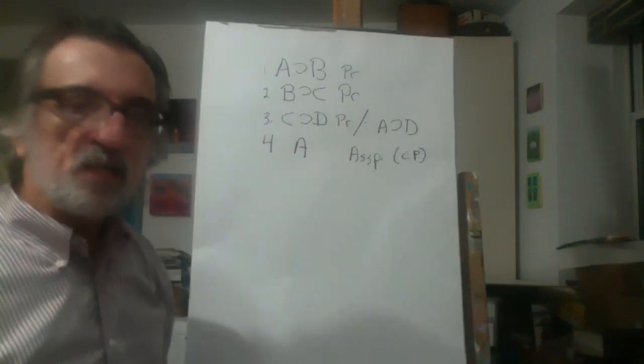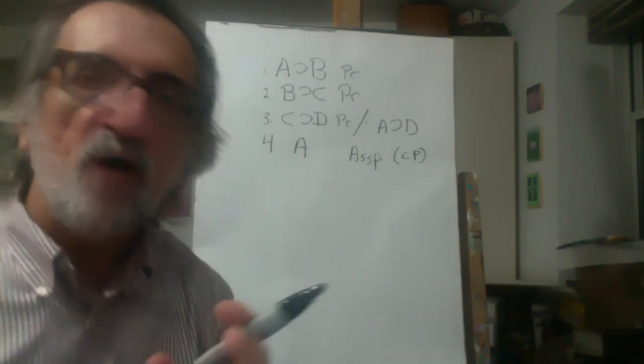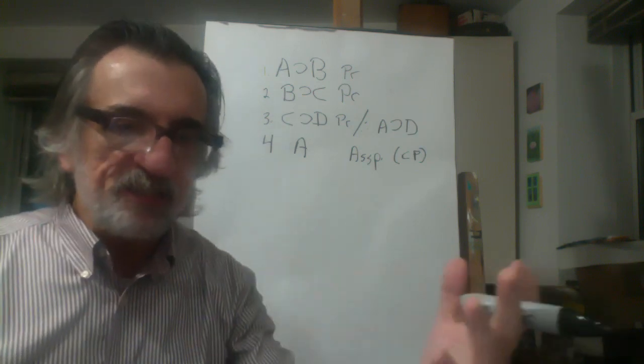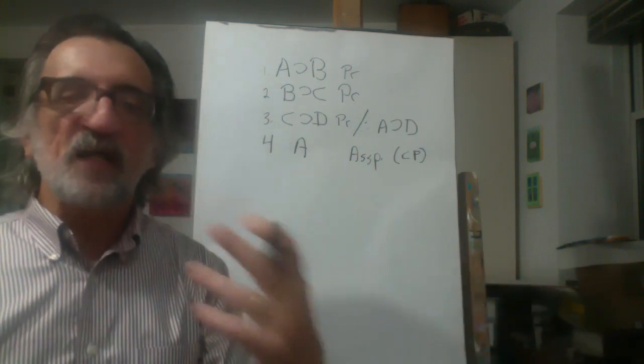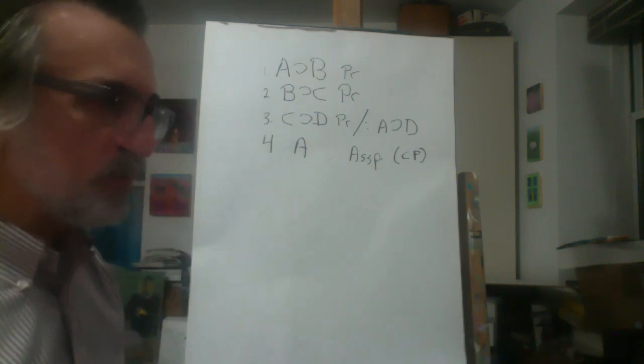CP, an assumption made for a conditional proof. Okay, now, all right, well, we don't have the hypothetical syllogism, but we're not exactly on a desert island here. We've still got full and ample use of modus ponens. Let's have a look.